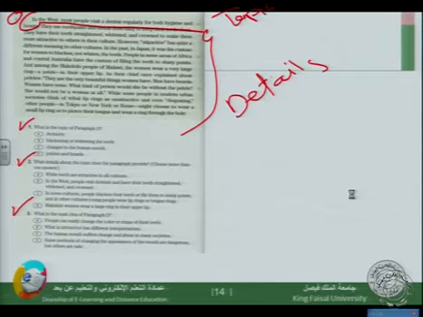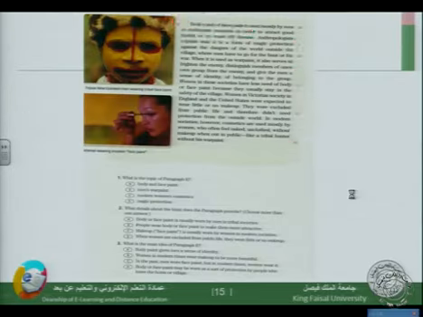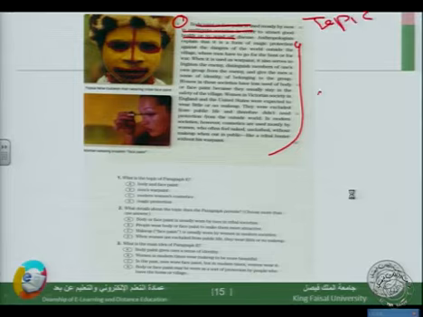And the same here, you can find details. And here is the topic. And right here, you can find the topic, and the rest is details.